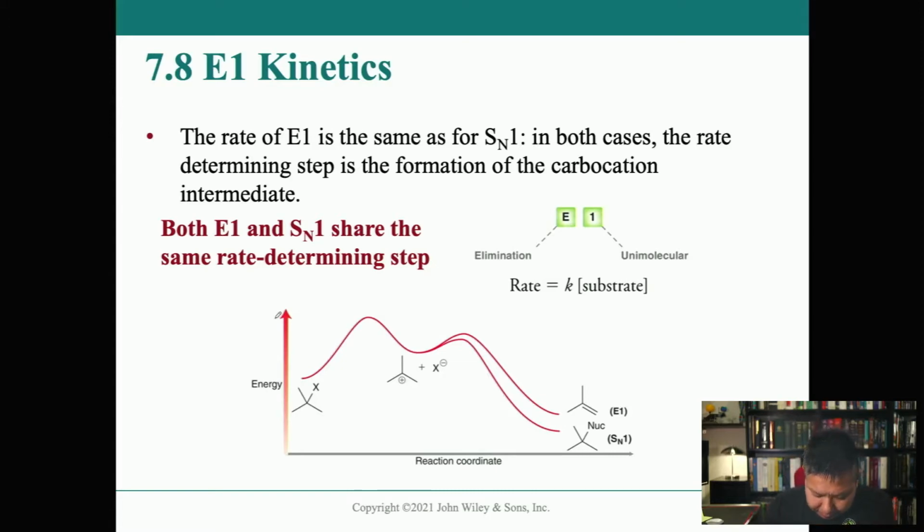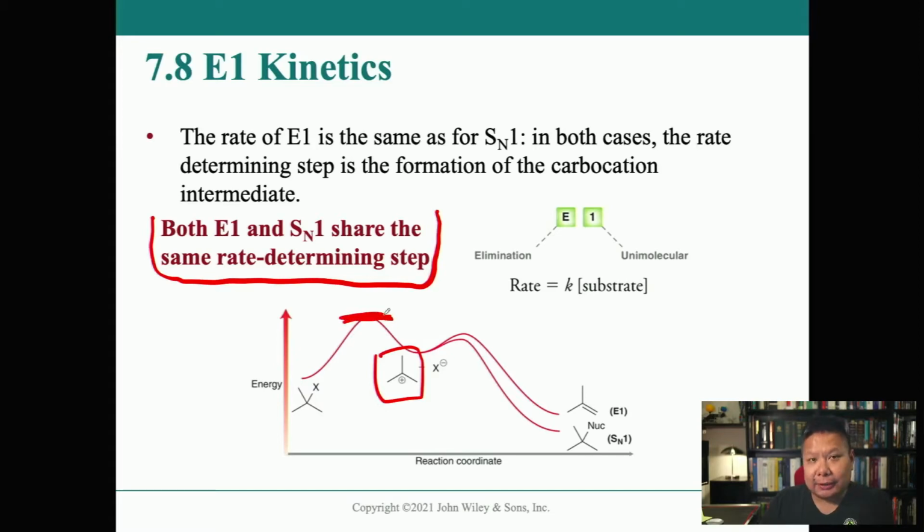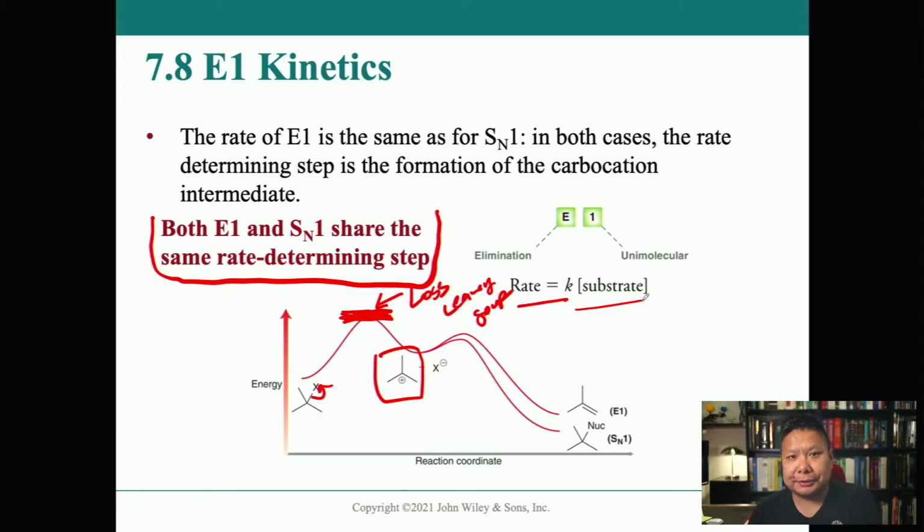Both E1 and SN1 share the same rate determining step, which is the step of forming the carbocation right here, because that step is all dependent on this transition state up here, where we lose the leaving group. Again, rate equals k times just the substrate concentration.